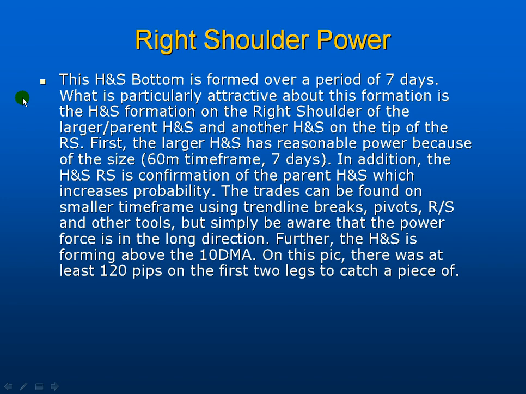This just talks about the right shoulder power that I referred to, and the right shoulder power is simply when you see a head and shoulders formation come to fruition and you see the right shoulder starting to move in and starting to generate the new trend, then trade with that momentum on any subsequent trade for several days until you start to meet a significant resistance or an exhaustion level, like an extension level from your Fibonacci extensions.